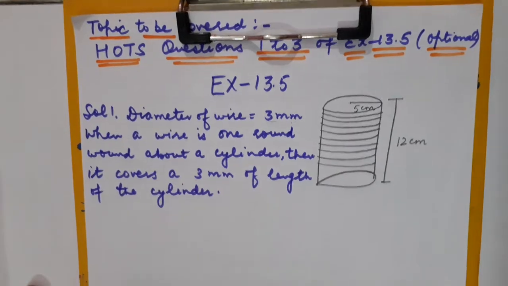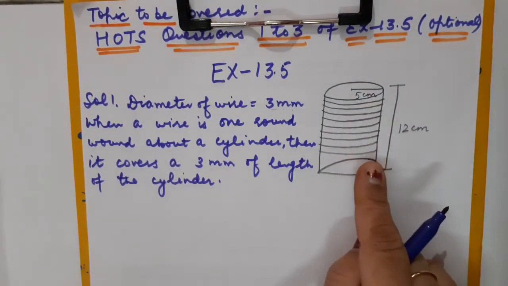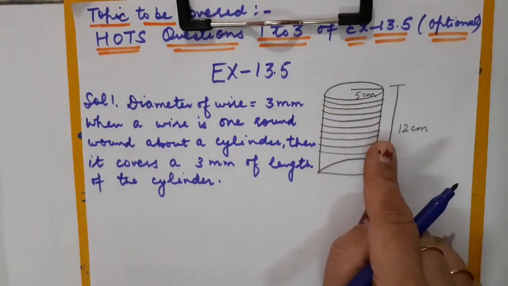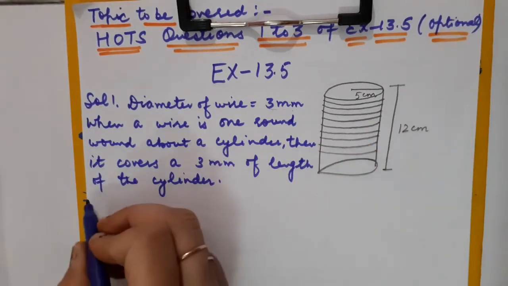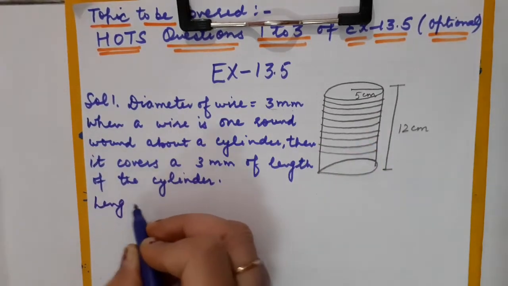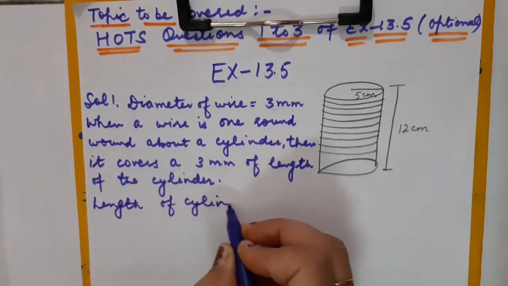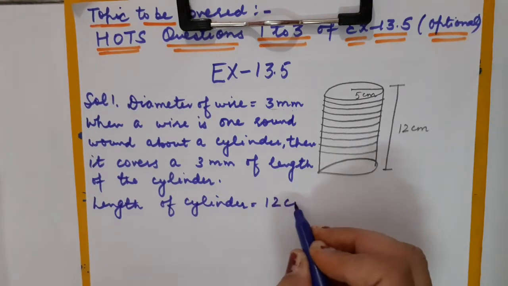Correct? Now, we will be having the total length given. So, let us find how many rounds the wire is going to take so that the complete curved surface area of the cylinder is covered. So, what is the length of the cylinder given? Length of cylinder is given to us, that is 12 centimeter.